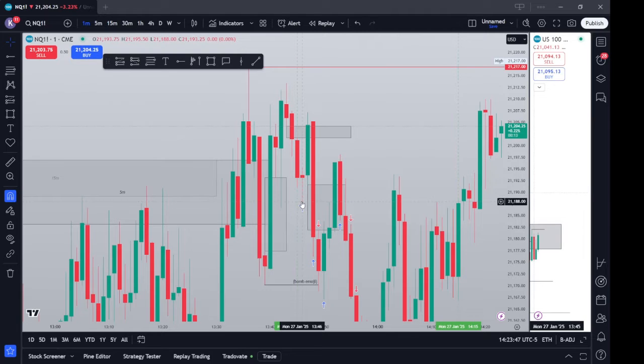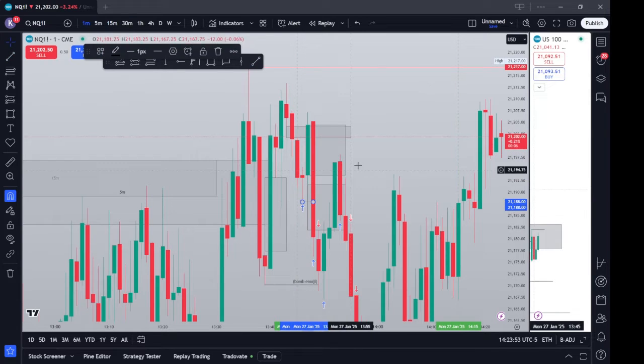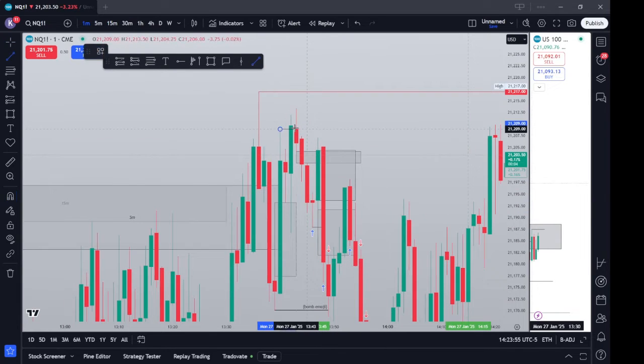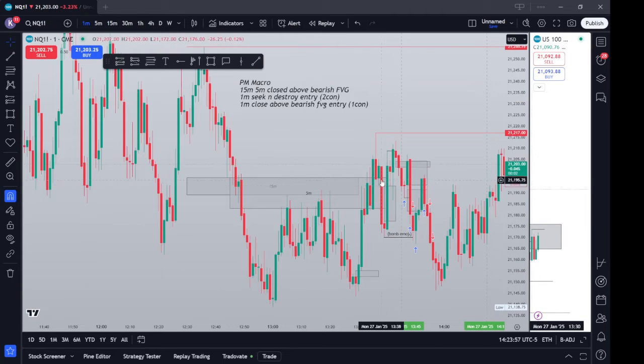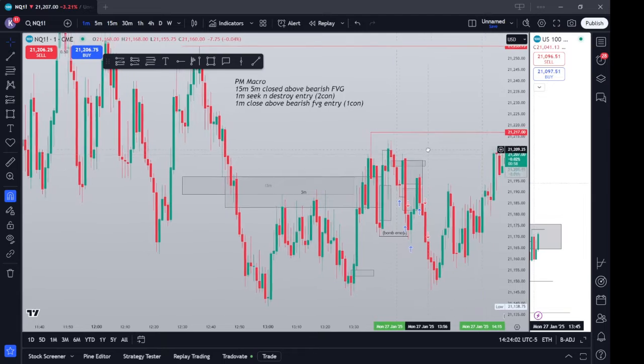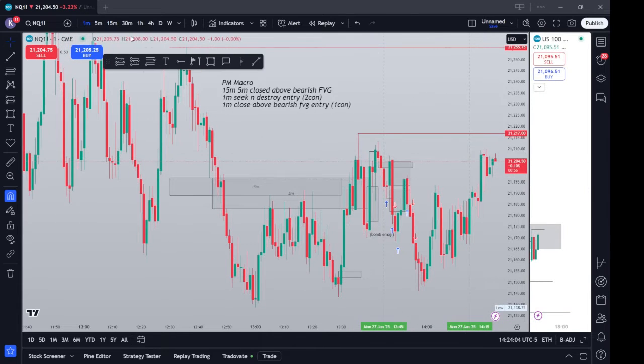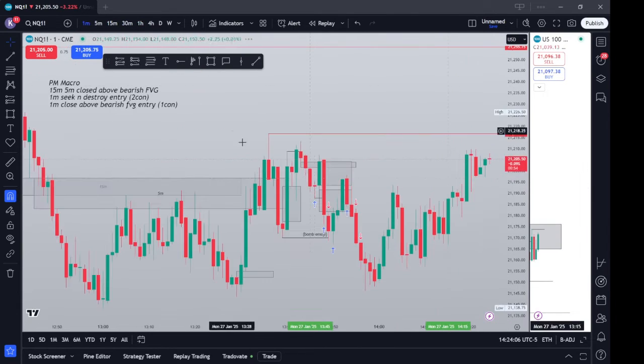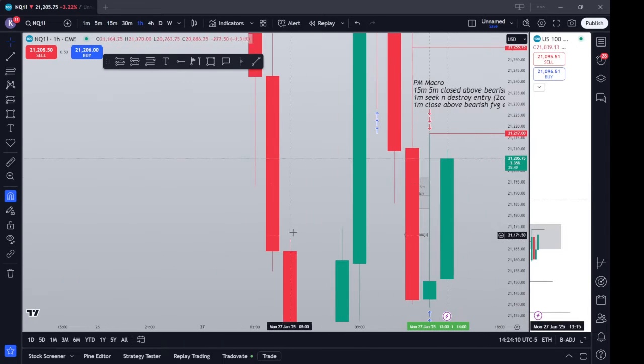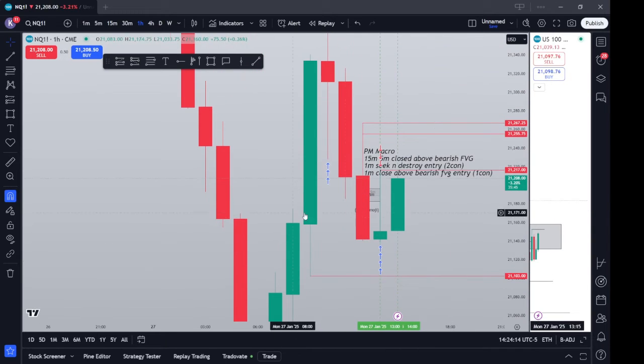So once price tapped this order block after this break of structure, but there was this 1 minute liquidity sweep. At this time, price already closed above the 15 minute. So this was at what? 1:42, the hourly candle. Oh yeah, okay.